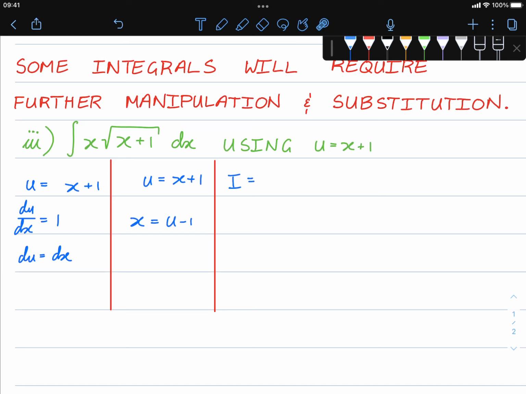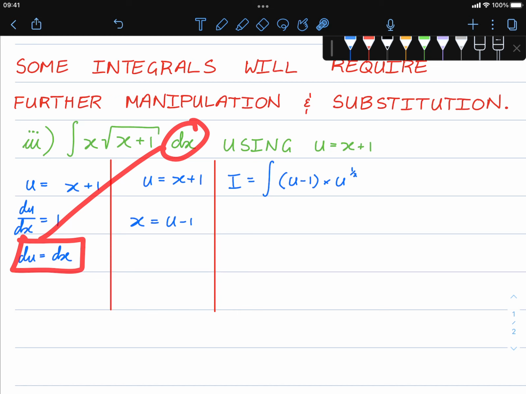Our integral becomes, well, x is now u minus 1. This is now all just u, so times u to the power of half. And dx is now just du.